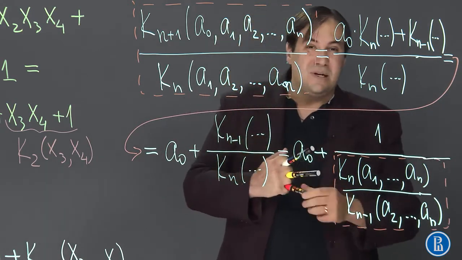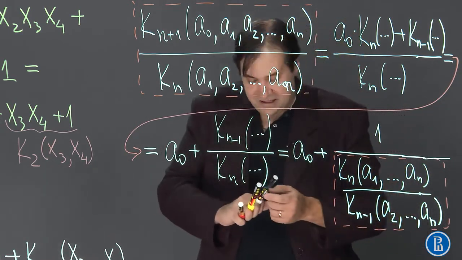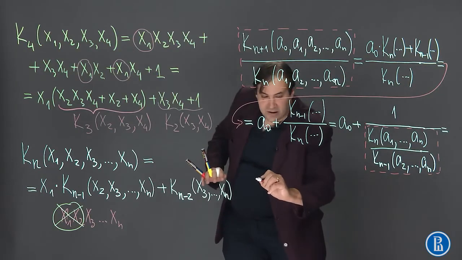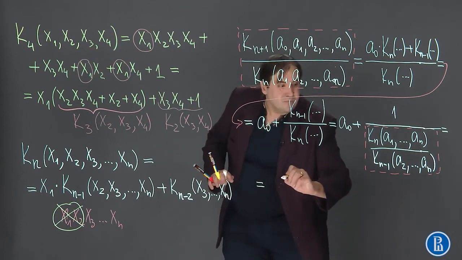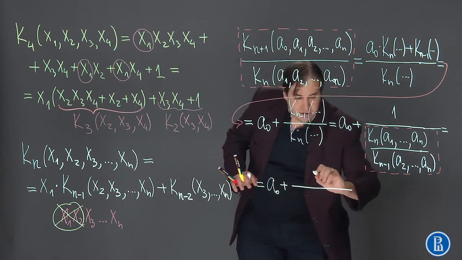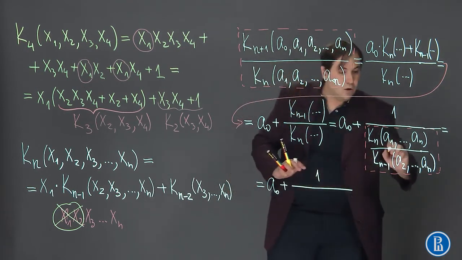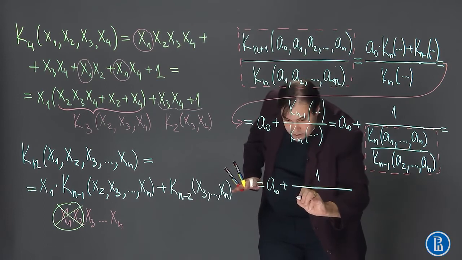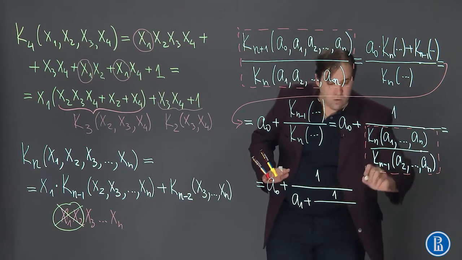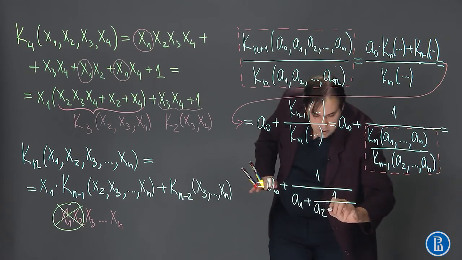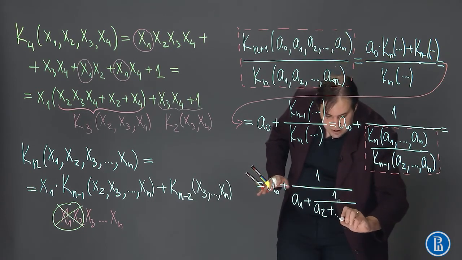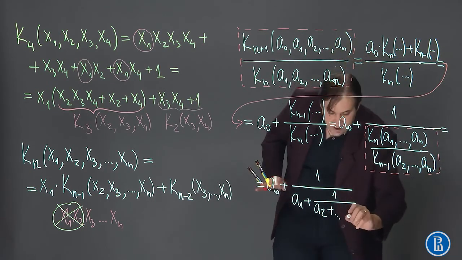So we can continue to transform these fractions and eventually we'll come up with something like a0 plus 1 over a1 plus 1 over a2 plus and so on, and eventually this will end with 1 over an.